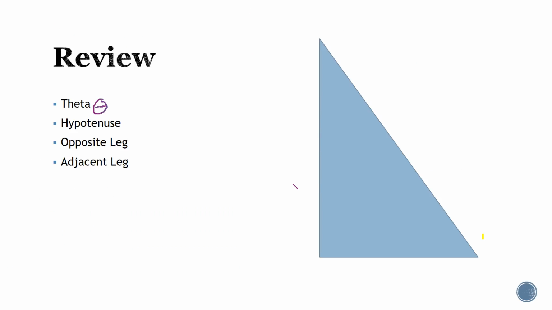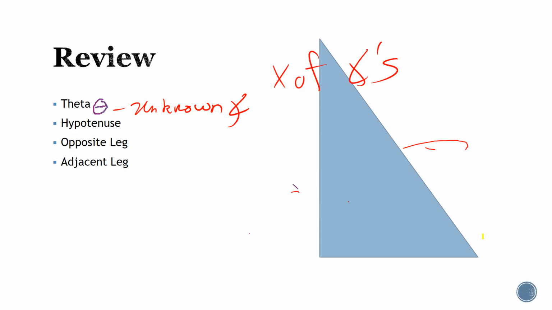Alright, so yesterday we talked about the theta, the hypotenuse, opposite and adjacent legs. If you remember, the theta was just an unknown angle, so it was pretty much the x of angles, meaning just how most mathematicians use x for a variable, which is why we're always asking you to solve for x, being just a random number.